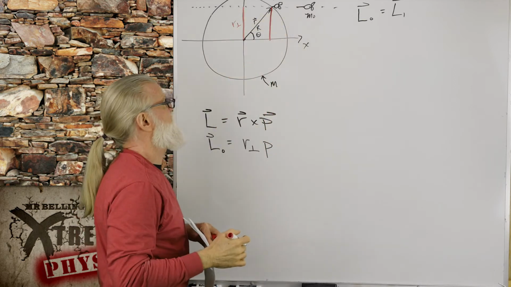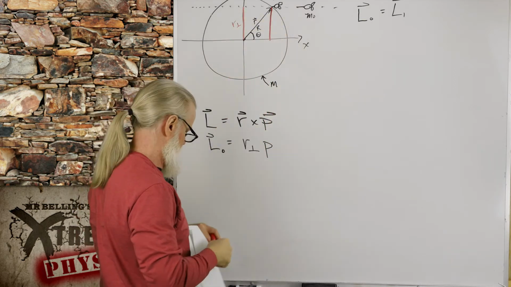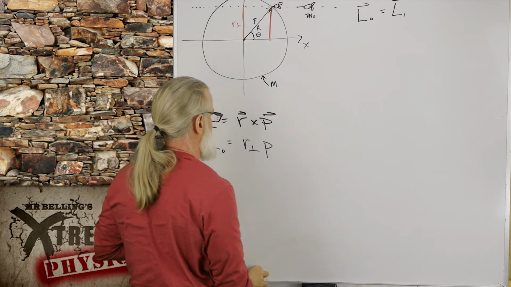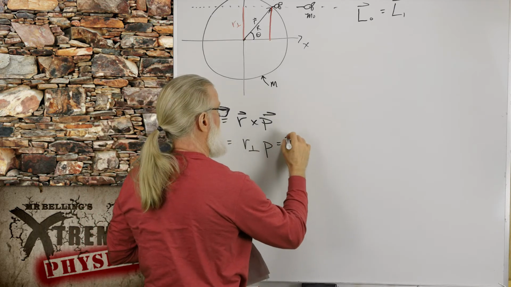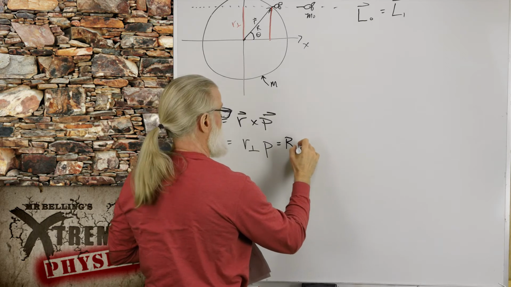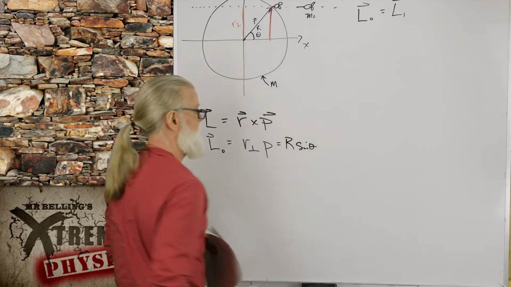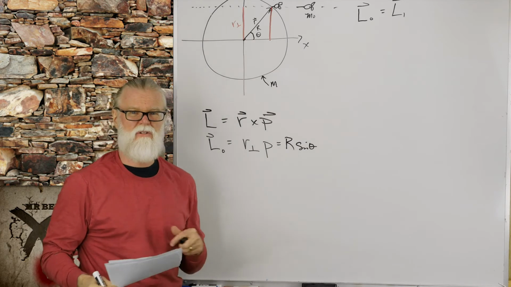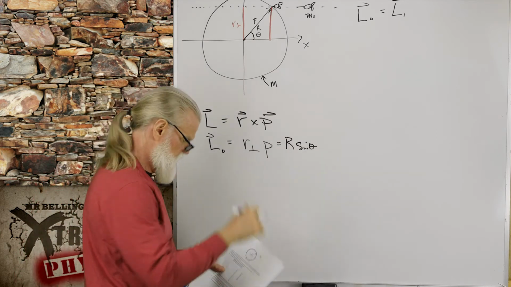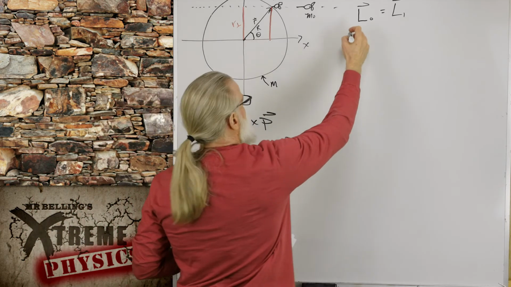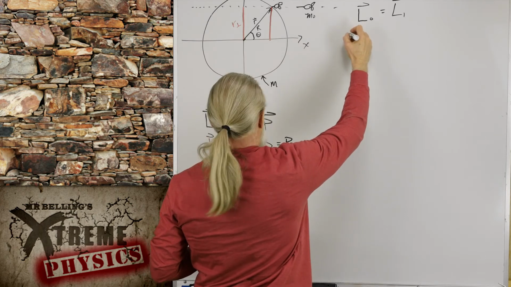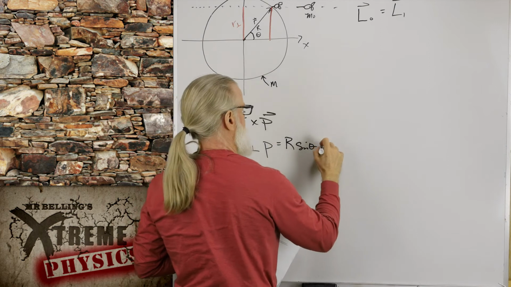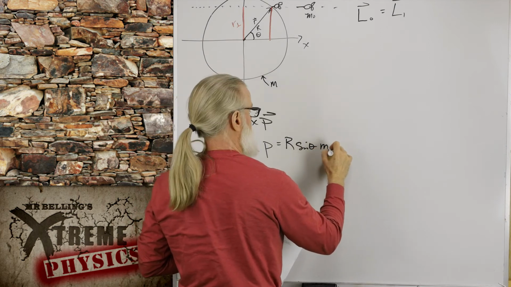These are the same magnitudes, so that is just going to be R times the sine of theta. That's going to be the magnitude of the initial angular momentum. So we have there, oops, no, that's a moment arm, and then times m0 v0.